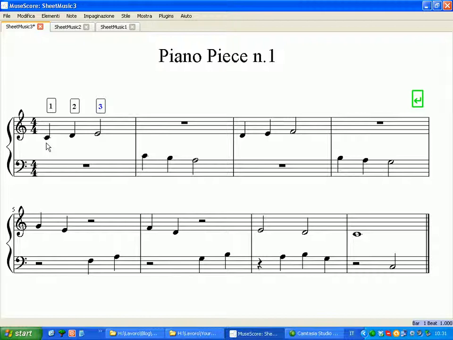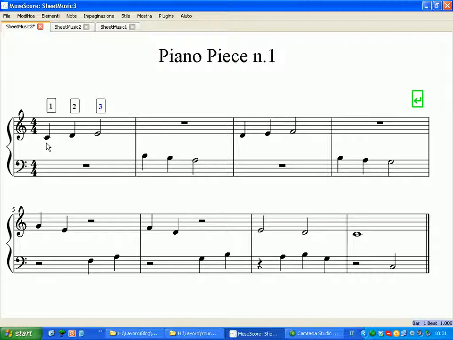This note is different from the first two notes we have seen. The difference is that in the first two notes, the quarter notes, we have a black dot, and here we have a white dot with a vertical line, which is the note stem.